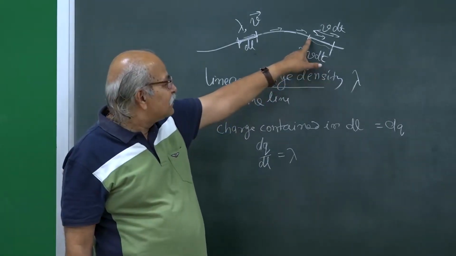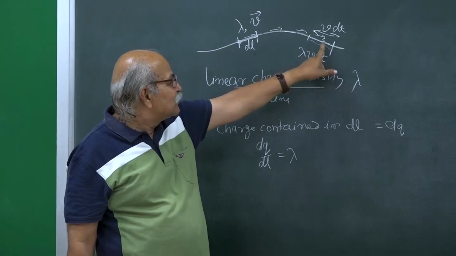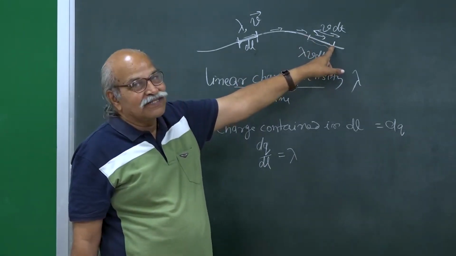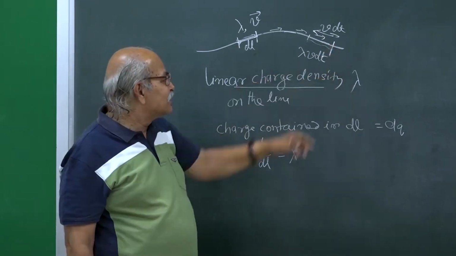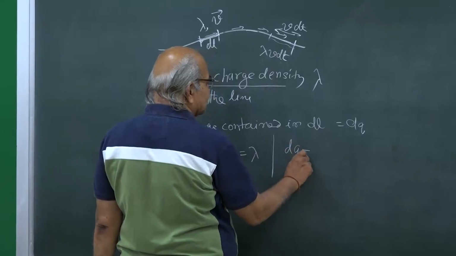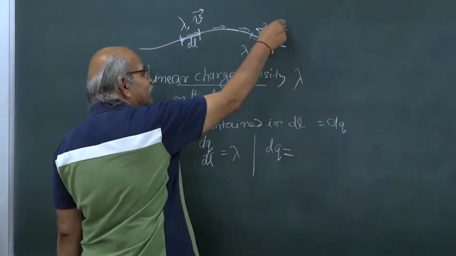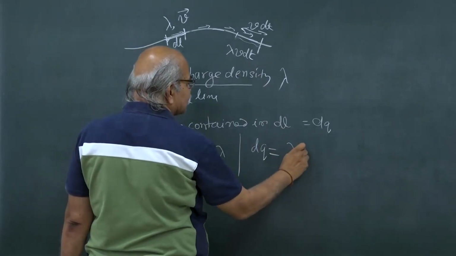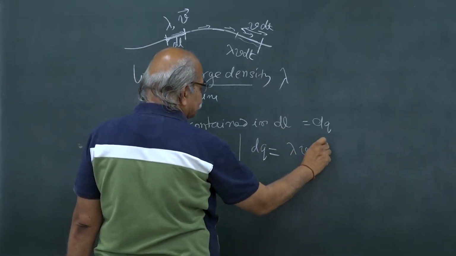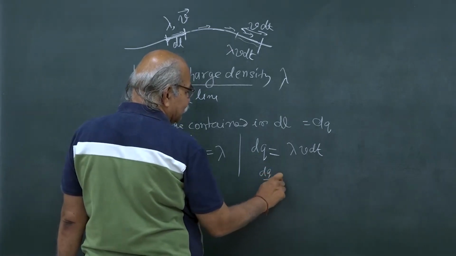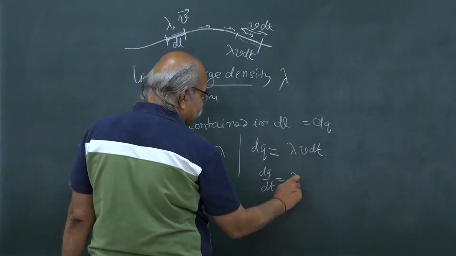So, all the charge in this length must have crossed here. That is the charge dq crossing through this point in time dt, and how much is that? That is lambda times v dt, and therefore, the current dq by dt is just lambda times v.